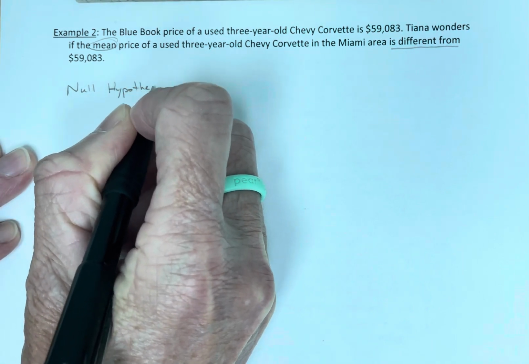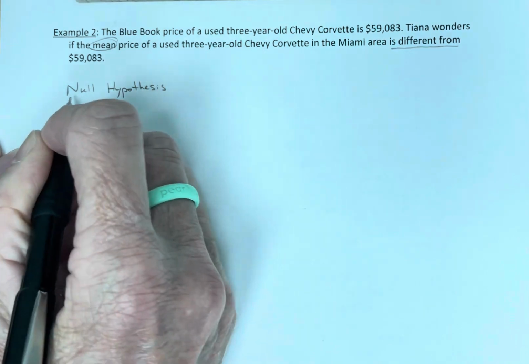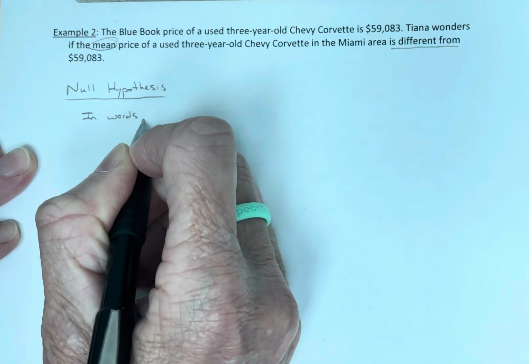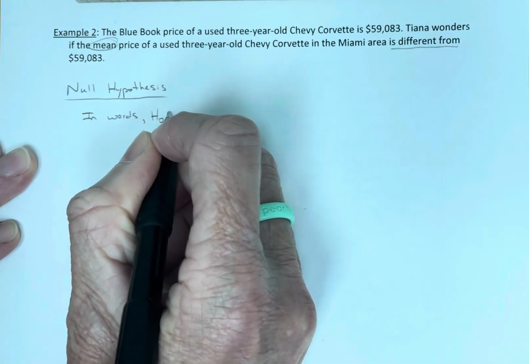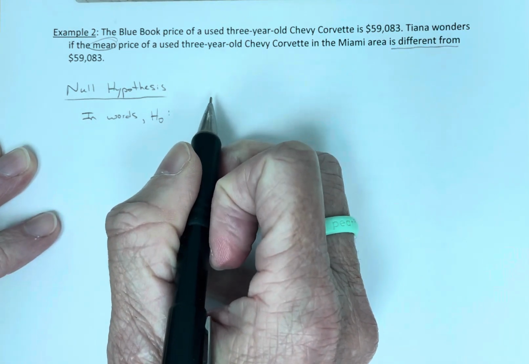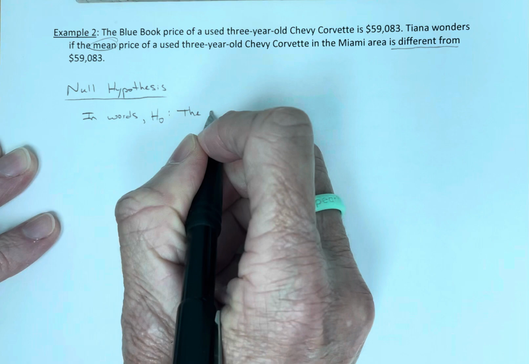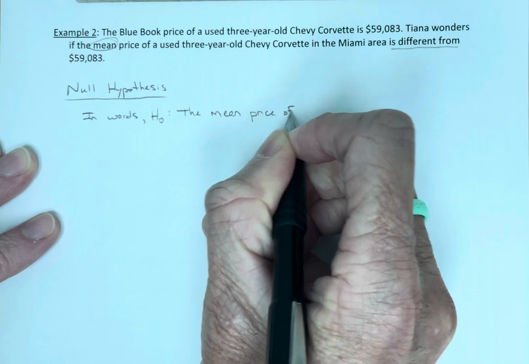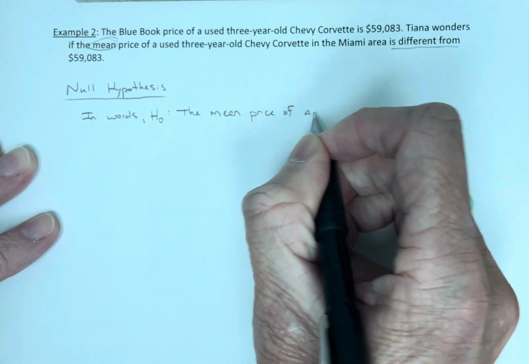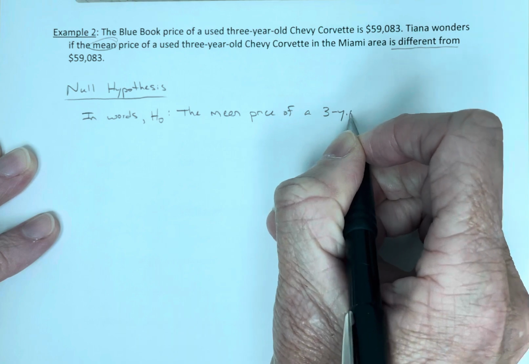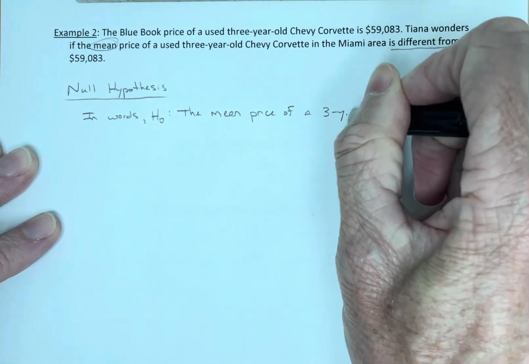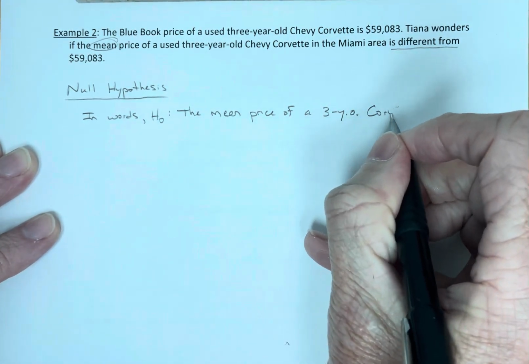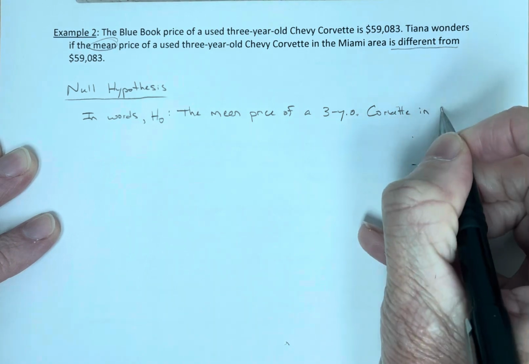Our null hypothesis is our statement of equality. Okay, so in words, H sub 0 is, we're dealing with the mean, okay, so the mean price of a 3-year-old Corvette, I'll just abbreviate, 3-year-old Corvette in Miami.